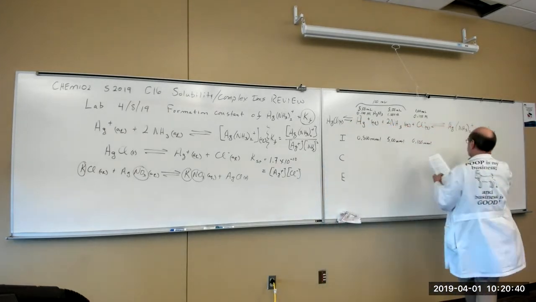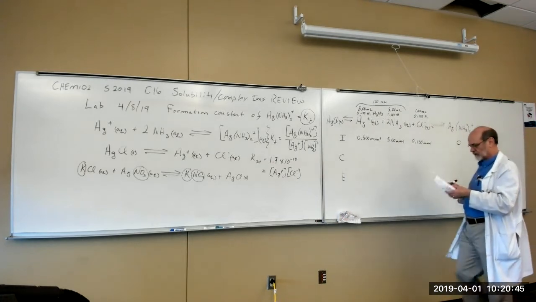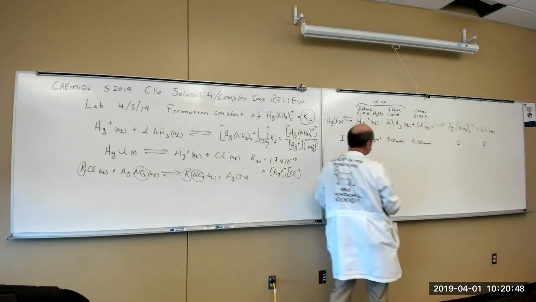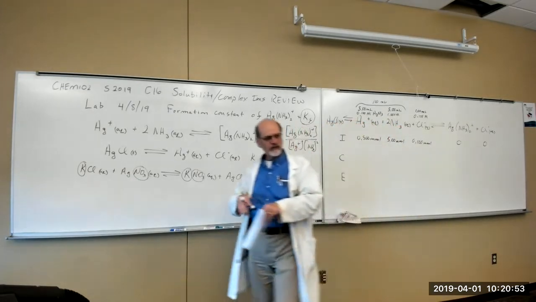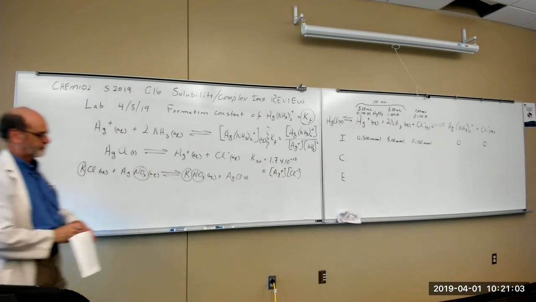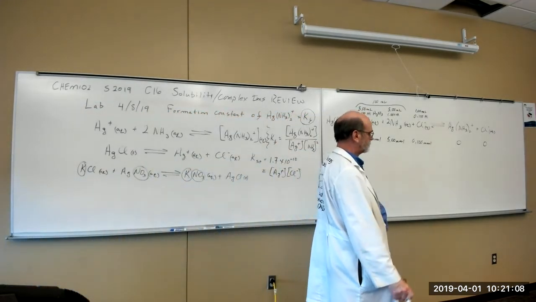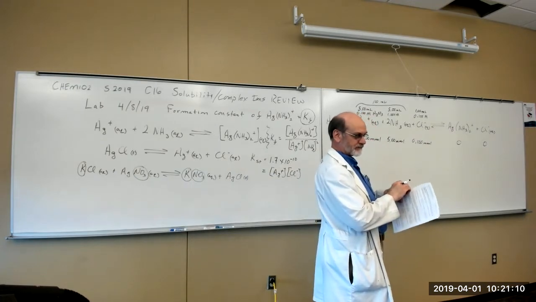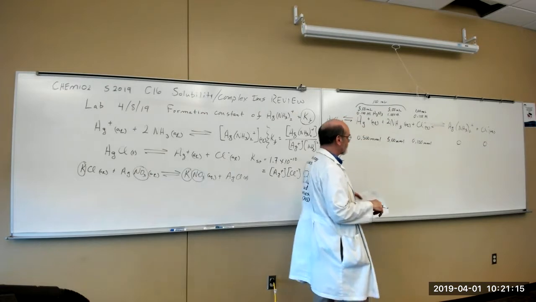Now, what do we got over here? 0, 0. Okay, what's the change that's going to take place? Or am I moving too fast? We're just 1 second. Okay, ready for the next step?